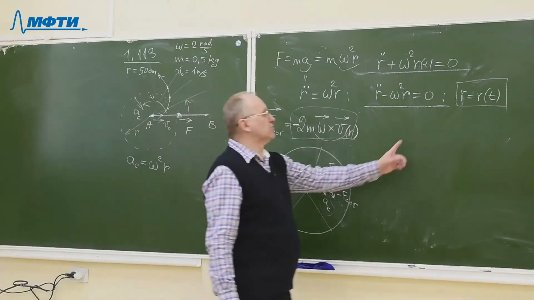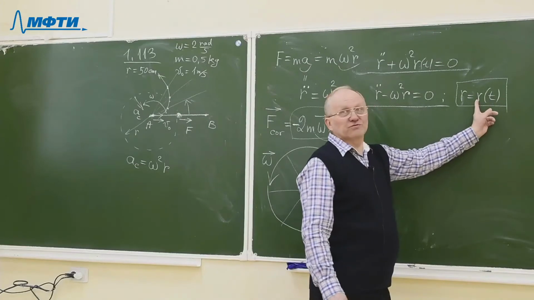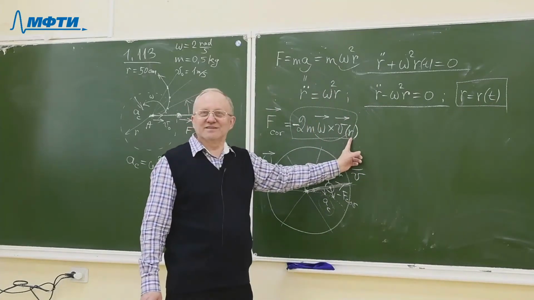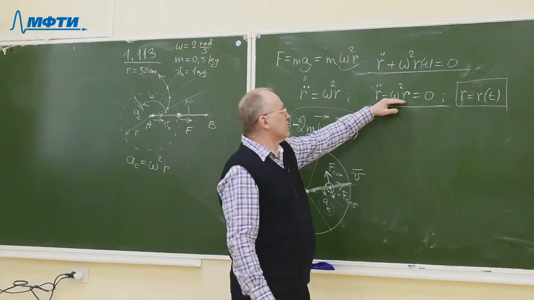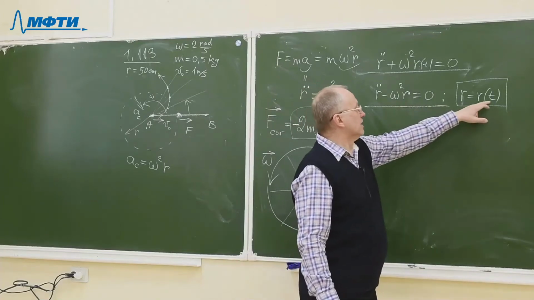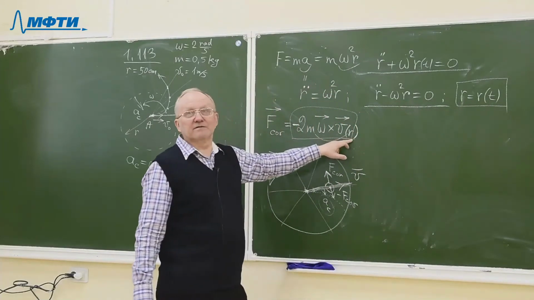We don't need to know the function distance as a function of time. We need to know another function, velocity as a function of distance. But we have an equation which, if we solve it, will give us the function r of t, and we need another function, v of r.